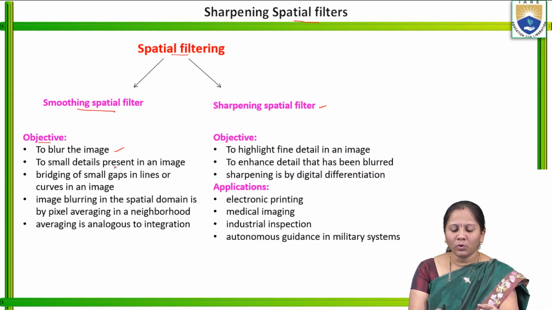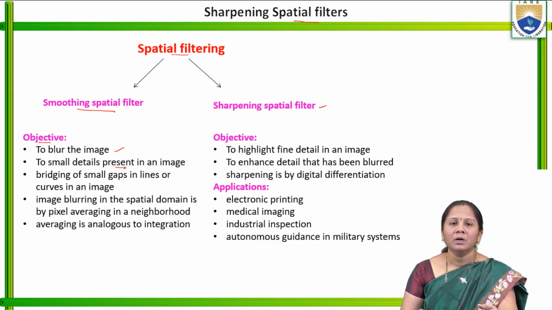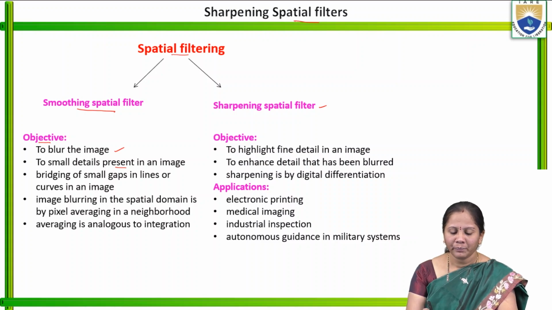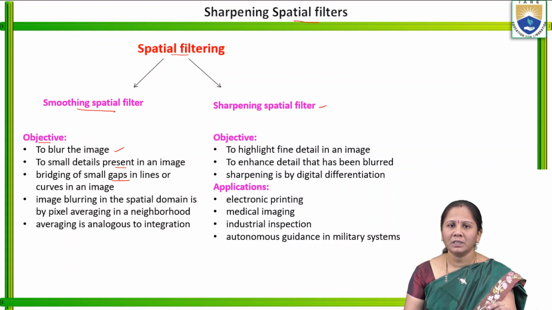They remove the small details present in the image, so if you want to concentrate on any particular part of the image, the smoothing spatial filter can be applied. It is also used to bridge the small gaps between lines and curves present in the image.